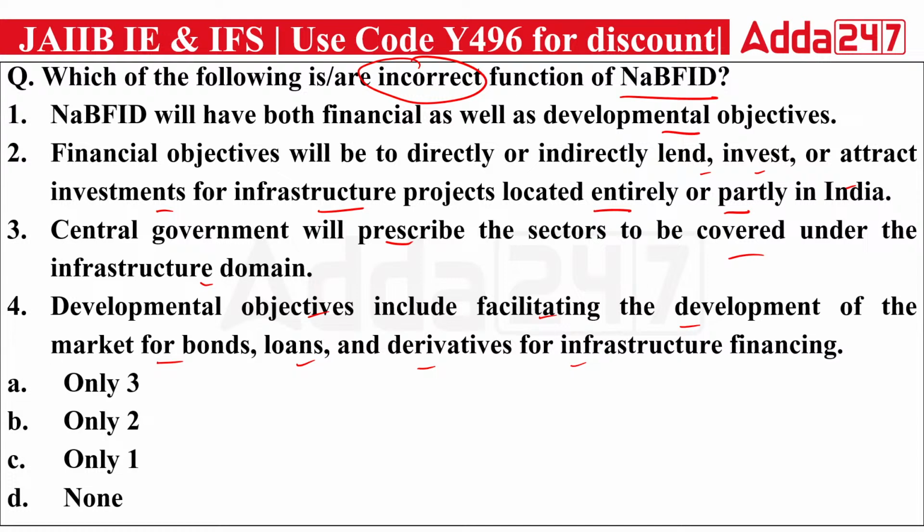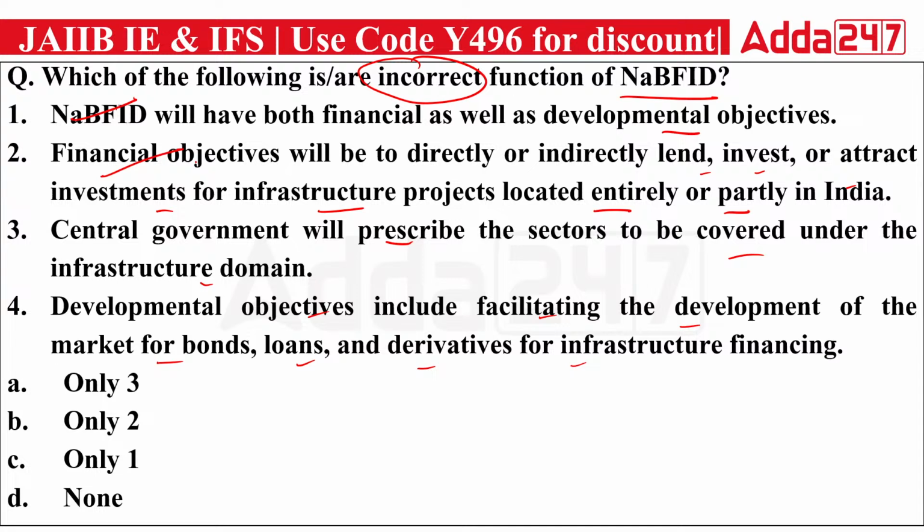Which of the following is correct? Okay. So if we talk about NAFID, it actually performs both financial as well as developmental objectives. First is true. Second is saying financial objective will be to directly or indirectly lend or invest to attract the investment for infrastructure, located entirely or partially in India. This is also true.